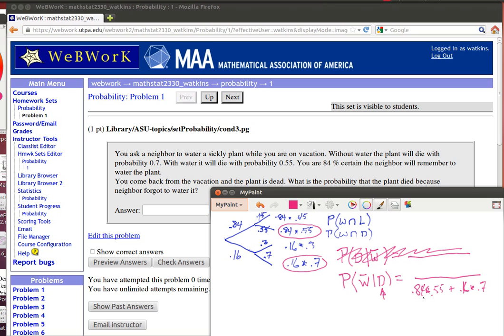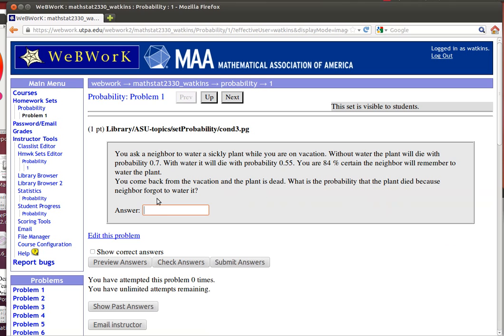That's all the ways that the plant could die, and then we're interested in the situation where it was not watered, so that's going to be the 0.16 times the 0.7. Now if you put that amount in here, you've got that problem right.